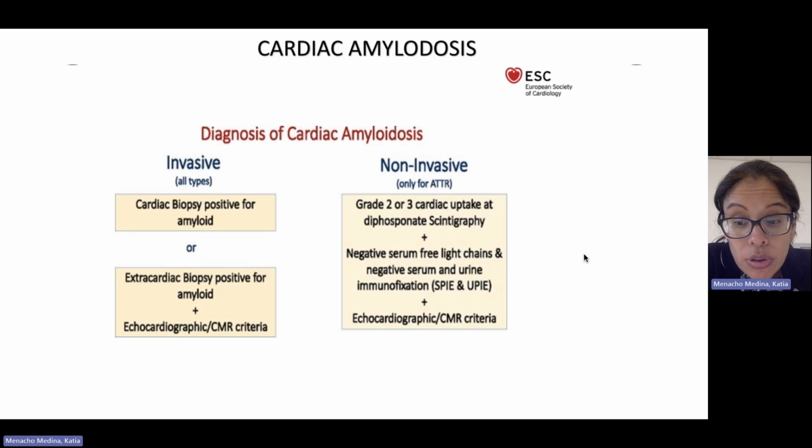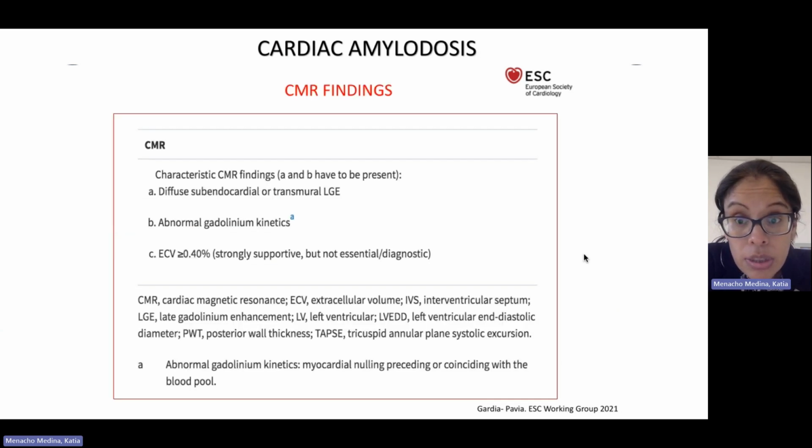And in cardiac amyloidosis, there are established guidelines by the European Society of Cardiology, where you can see that cardiac MRI has a specific role as a non-invasive technique that you can use, especially when this is correlated with the clinical context and other imaging techniques like DPD scan. And you can see that the current recommendations of CMR in the assessment of cardiac amyloidosis are 3 things.